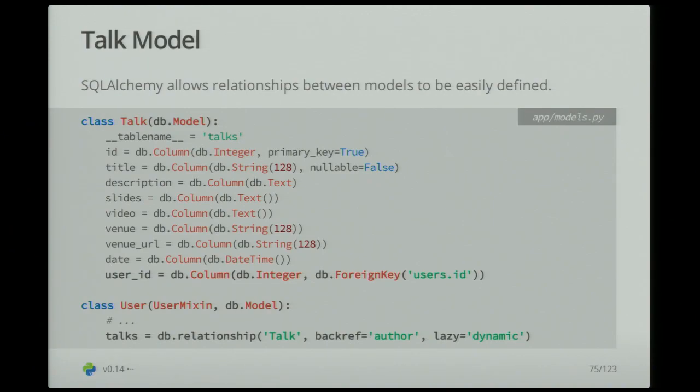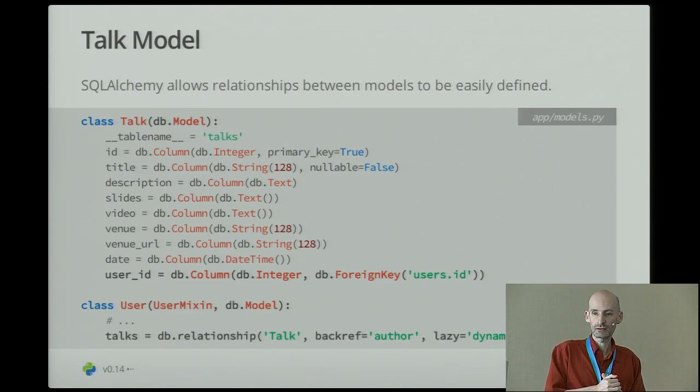You're probably wondering what's that lazy thing at the end. So lazy dynamic will make talks be a query, not a list. By default, the relationship will be just the list of all the talks. But I find it useful to get a query that I can then redefine further.